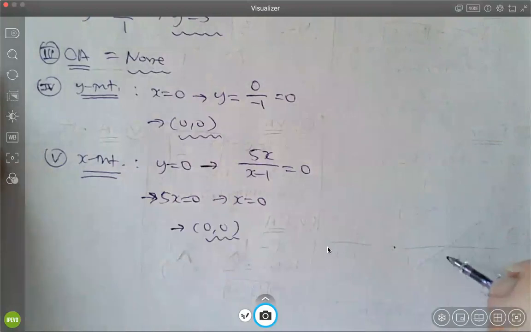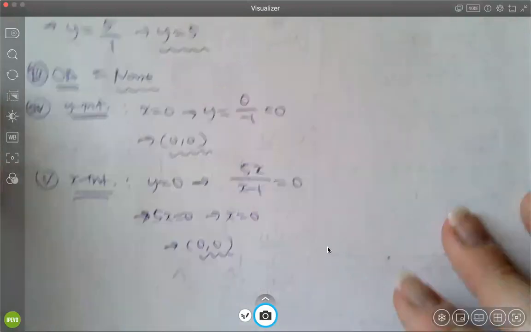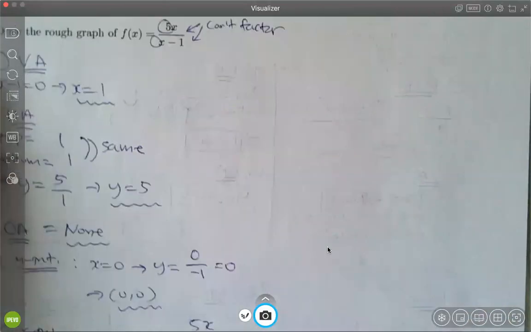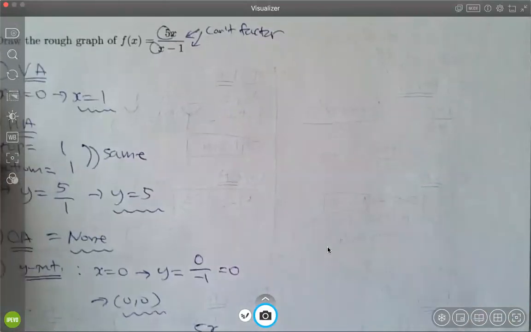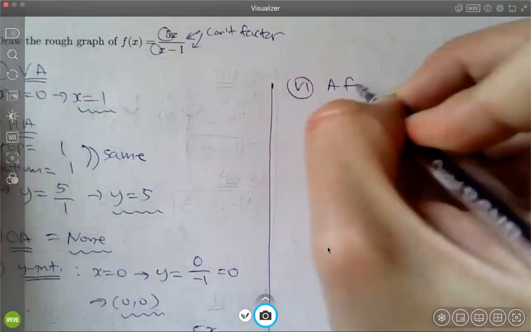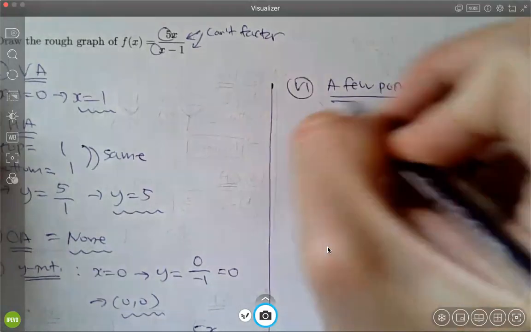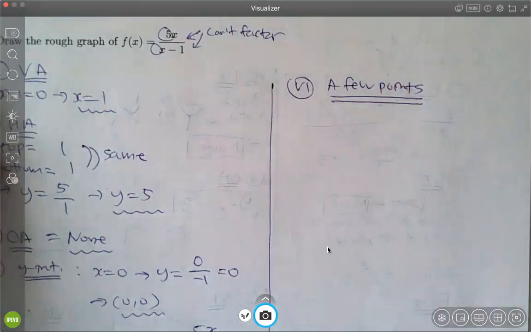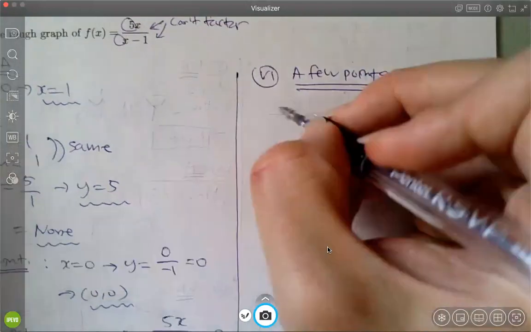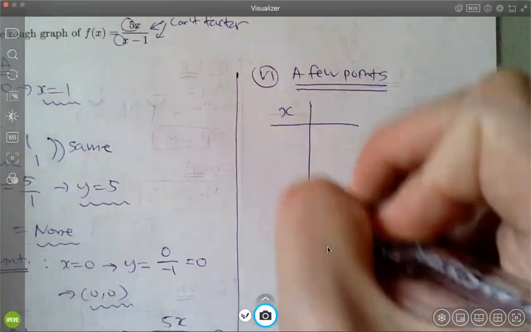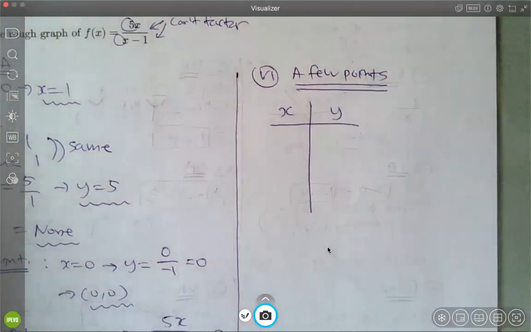Okay, so now let's find a few other points. Here we'll see about 3 additional points. Here is a table of x and y values. Now let's choose some negative values and some positive values. So how about x is equal to negative 2? Okay, and then negative 1.